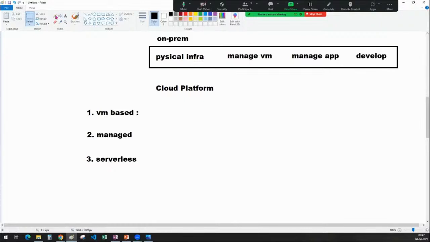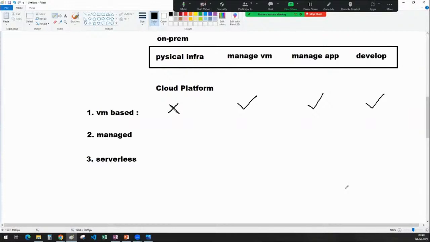Okay, in a VM based setup, you need not manage the physical infrastructure, because the physical infrastructure will be provided to you in the form of a virtual machine in the cloud platform. You need not manage the physical infrastructure, but you have to manage the configuration for the virtual machine. You have to manage your application platform as well as development.